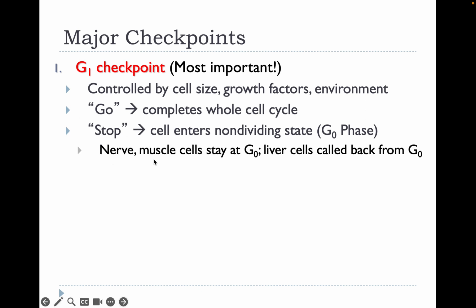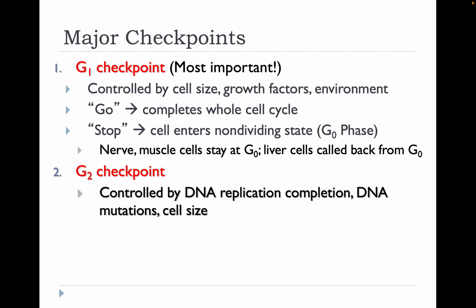Nerve and muscle cells stay at G0. Liver cells can actually be called back from G0 if we need to produce more liver cells, which is kind of cool. All right, the G2 checkpoint. This is controlled by DNA replication and completion, DNA mutations, and cell size.